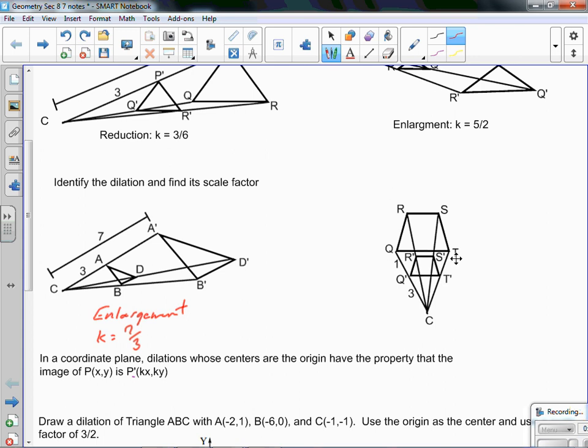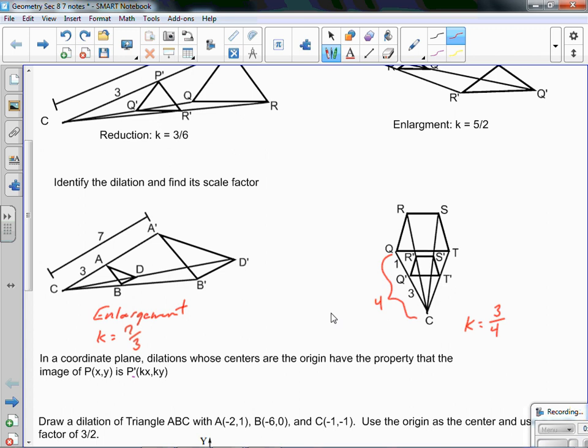And the next one, we look at our K value. C prime value is 3. And how far is it from C to the original Q? So looking for the whole distance here. So 3 and 1 add up to 4.